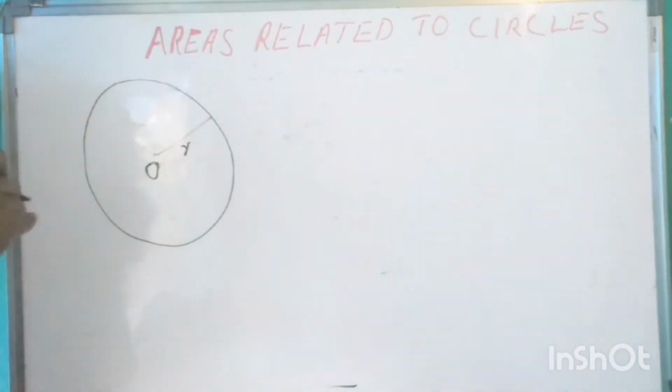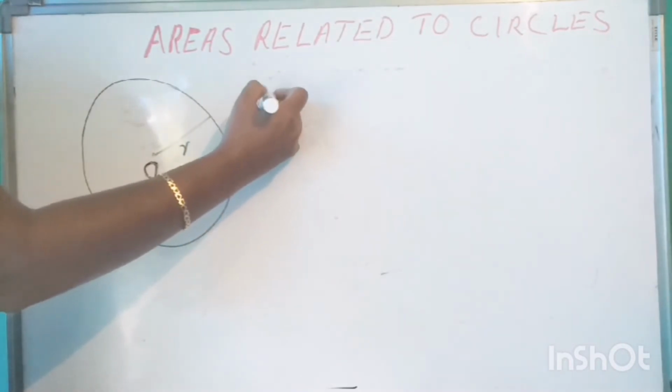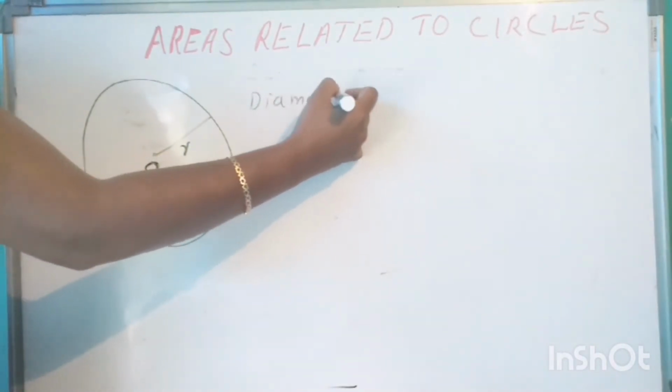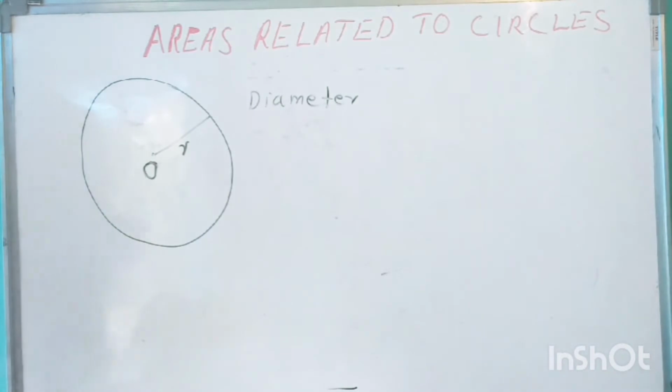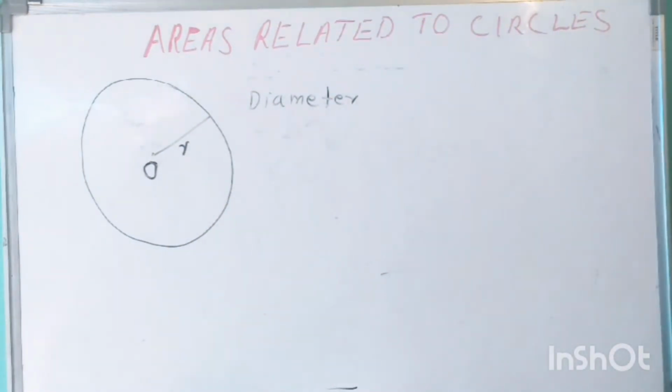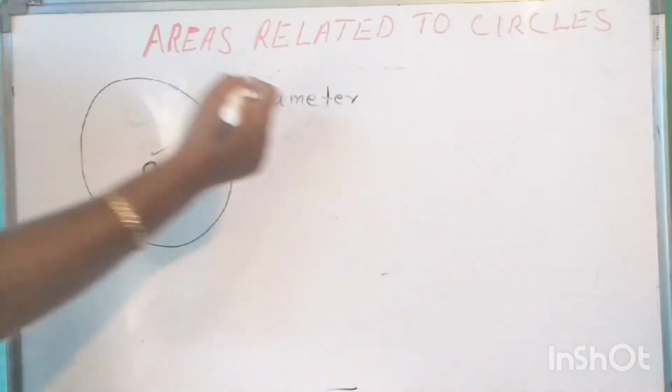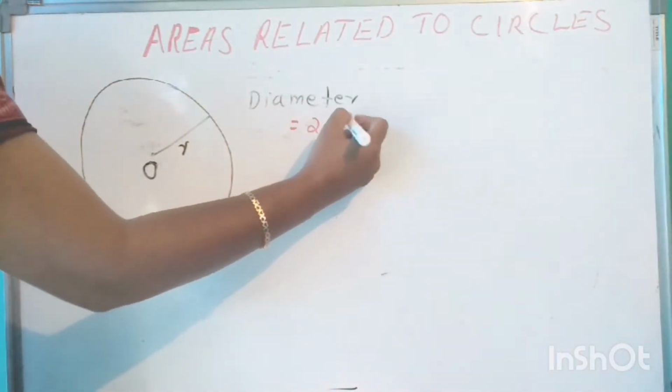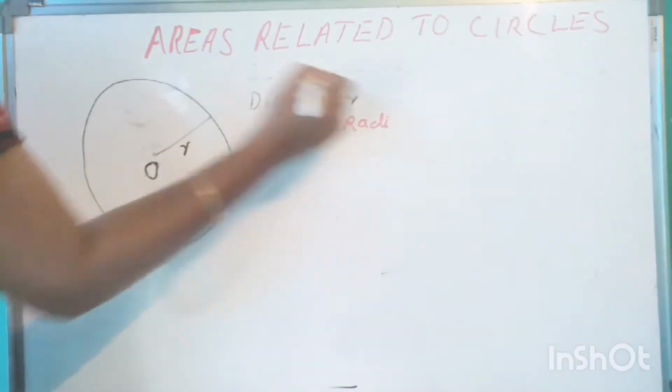Then what is diameter of a circle? Diameter of a circle is actually 2 times the radius of the circle. Diameter is equal to 2 into radius.